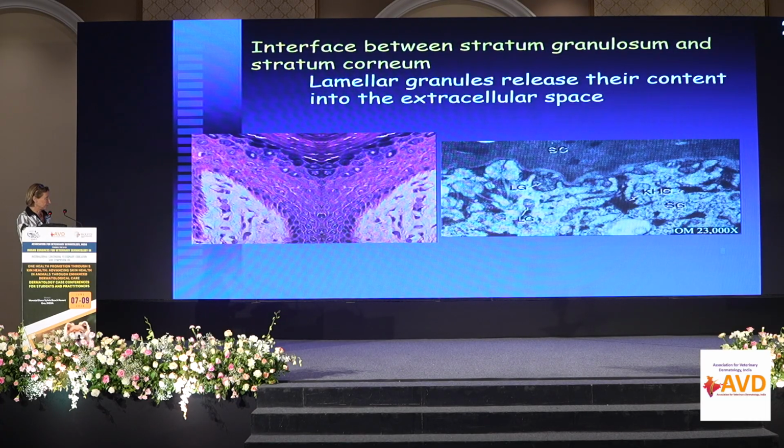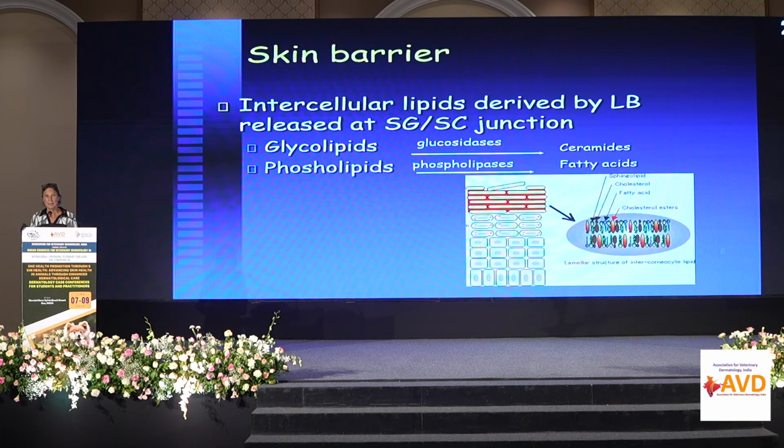And again, you can see this level of the epidermis is critical because the junction between the stratum granulosum and stratum corneum is also where the lamellar granules or lamellar bodies are releasing their lipids. So they need to be able to release these lipids. If there is any issue in the release, you have a disease of keratinization and you have an impaired skin barrier. And without getting into too much detail, I want you to remember that ceramides are critical for proper skin barrier.